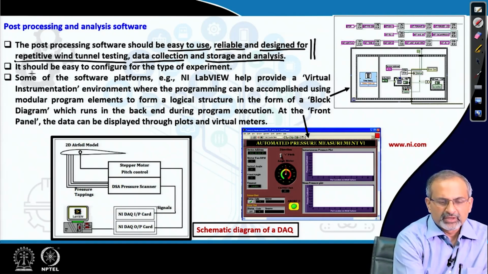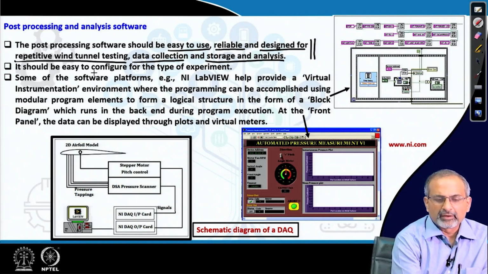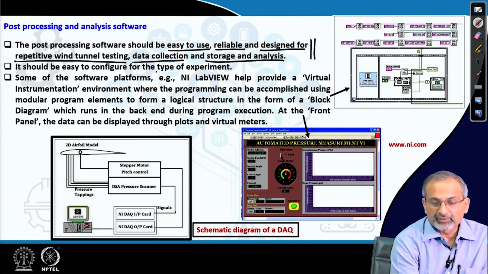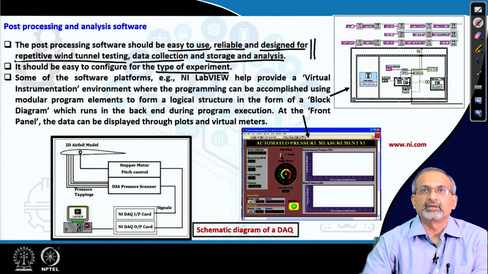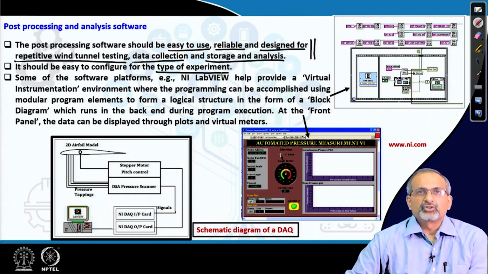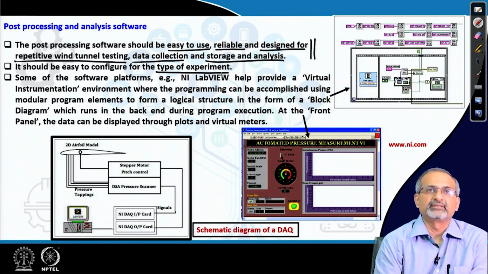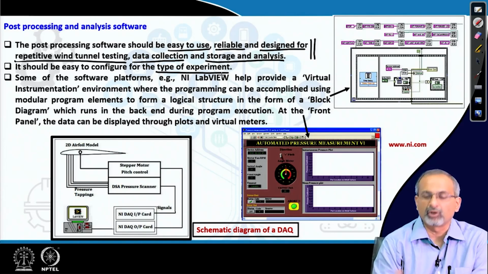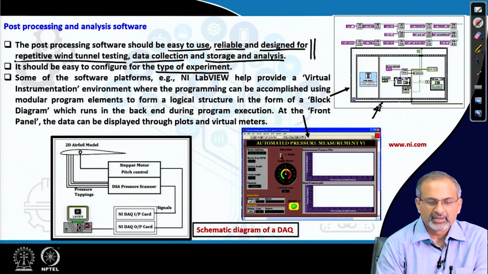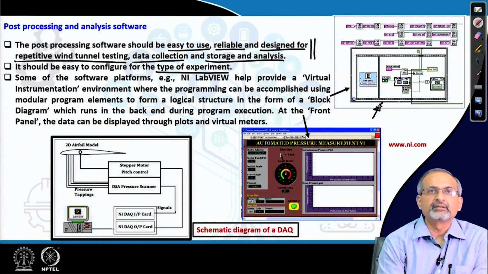And also, it should be easy to configure the software for the type of experiment or experiments which are planned in the wind tunnel. Some of the software platforms like the NI-LabVIEW help provide a virtual instrumentation environment where the programming can be accomplished using modular program elements to form a logical structure in the form of a block diagram, like what you can see over here, and which basically runs in the back end during program execution, and at the front panel which the user sees, the data can be displayed through plots and virtual meters.